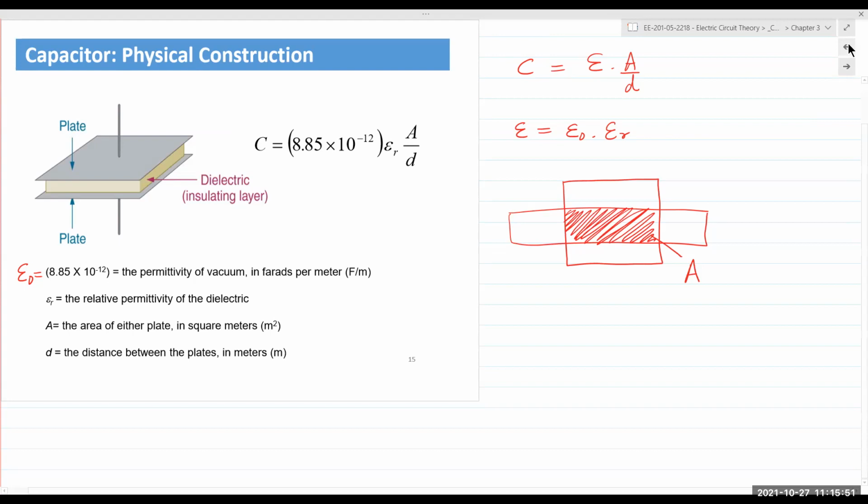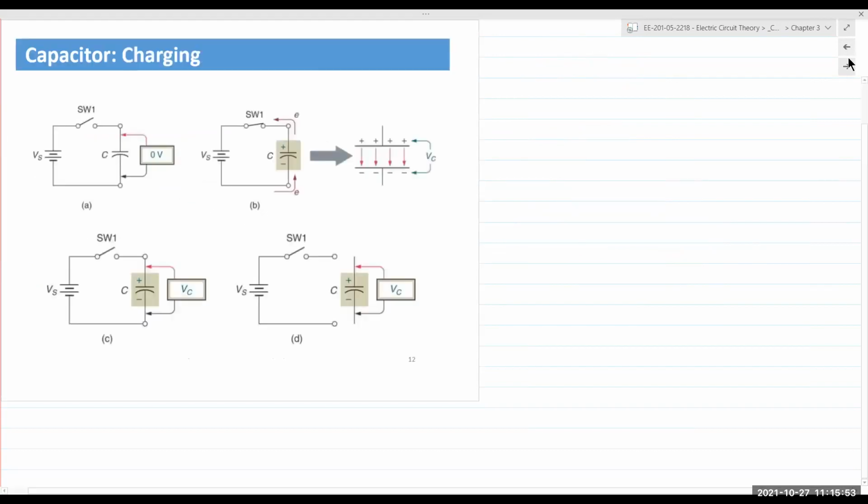So what exactly happens when you connect a capacitor to a voltage source? Now, I assume from physics classes, everyone is familiar with the concept of electrons moving in a circuit or in a wire, hopefully. And you're familiar with the statement that current flows opposite to the flow of electrons.